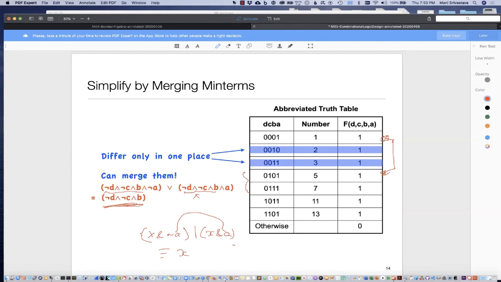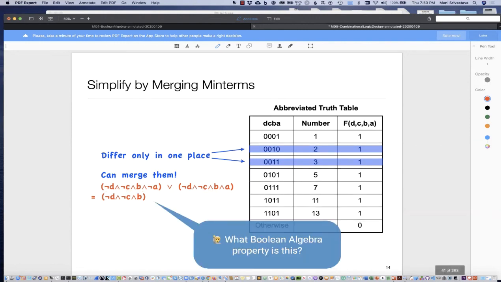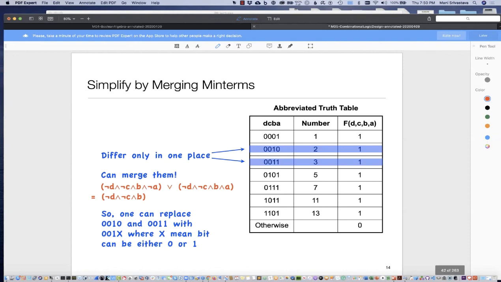But hey, why stop at just one bit change? Can I do something even more? Can I be more aggressive about it? Okay, so firstly, I kind of already said this stuff. So one can merge rows. So the way in truth table terms we often write this thing when we merge is that we say 0010 and 0011 after merging becomes 001x, where x means it could be either 0 or 1.